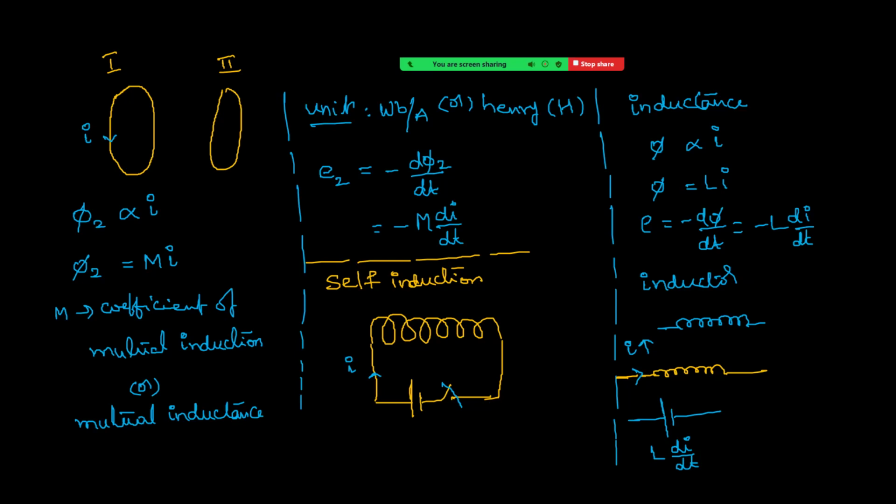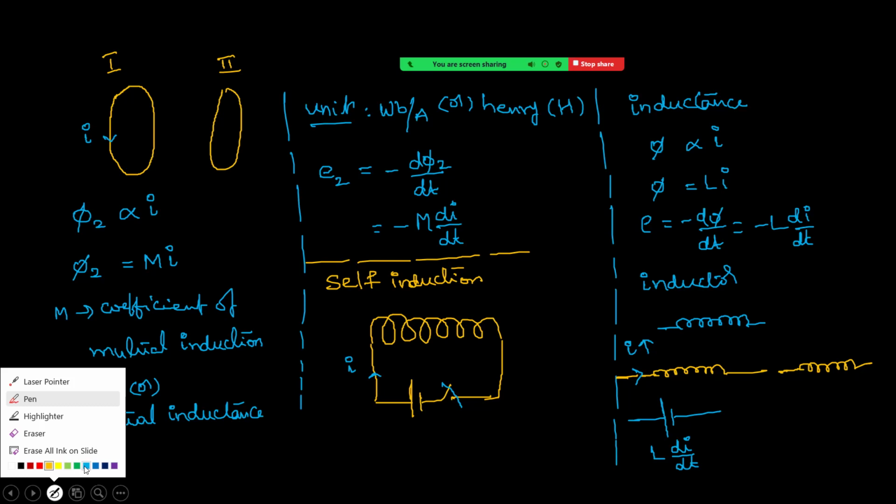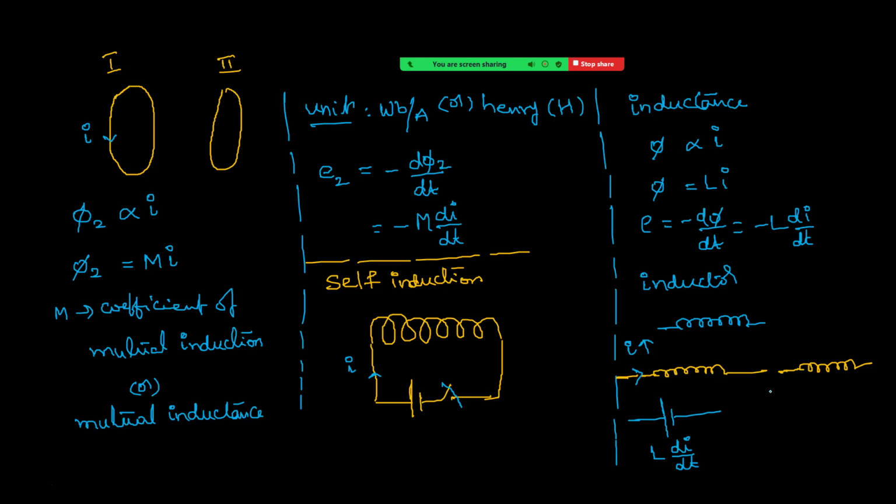Now do one thing. Let us consider current is decreasing. Then see how to take an equivalent battery. Current is flowing to the right side and this current is now decreasing.